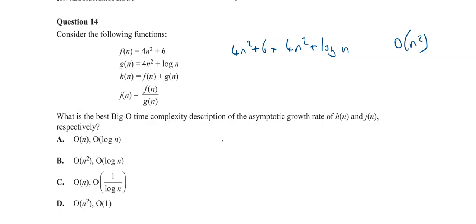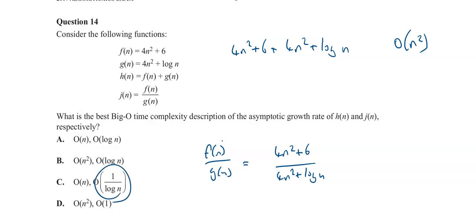Now this next one, I think when people look at this and say for f of n over g of n, we want to say it's 4n squared plus 6 over 4n squared plus log n. I think a lot of people would want to call it this one here because you see the maths in big O notation is dodgy sometimes, but it's not so dodgy that we can just forget how fractions work.